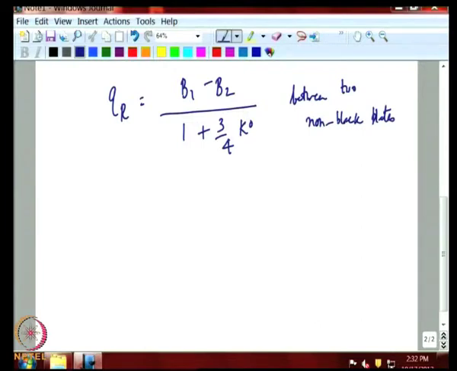Now, we want to write this explicitly in terms of T1, T2, the two temperatures, and the emissivity of the surfaces.